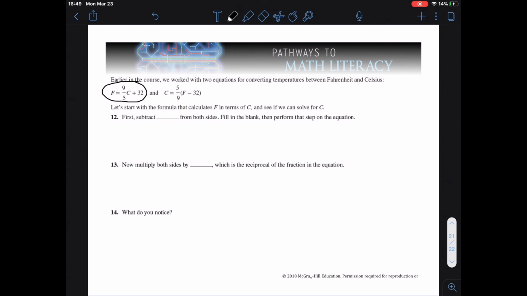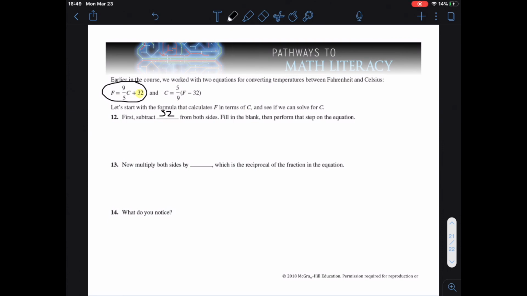And we're going to try to do the same thing we just did in the prior example, and see if we can solve for C. So I want to solve this for C. First thing I need to do is isolate the C variable, so we need to subtract this 32. First, we're going to subtract 32 from both sides.